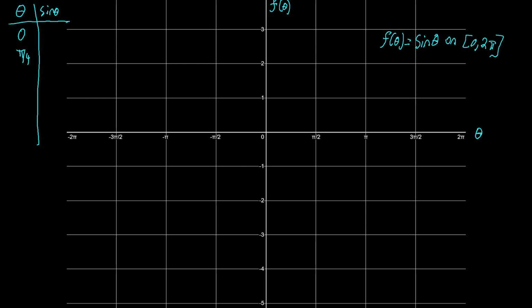So pi over 4, and then 2 pi over 4, and then 3 pi over 4, and then 4 pi over 4, which is just pi. Okay, we're halfway there. 5 pi over 4, 6 pi over 4, I'm just reducing these, 7 pi over 4, and this one actually wants us to include 2 pi, so let's include 2 pi.